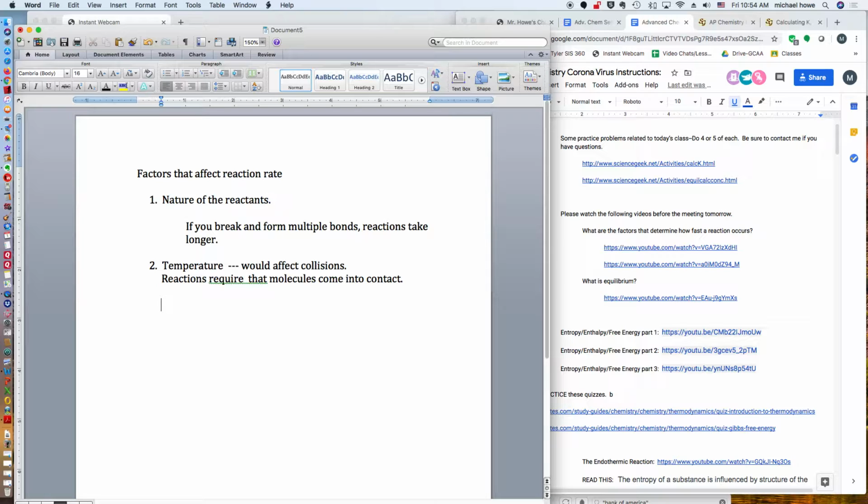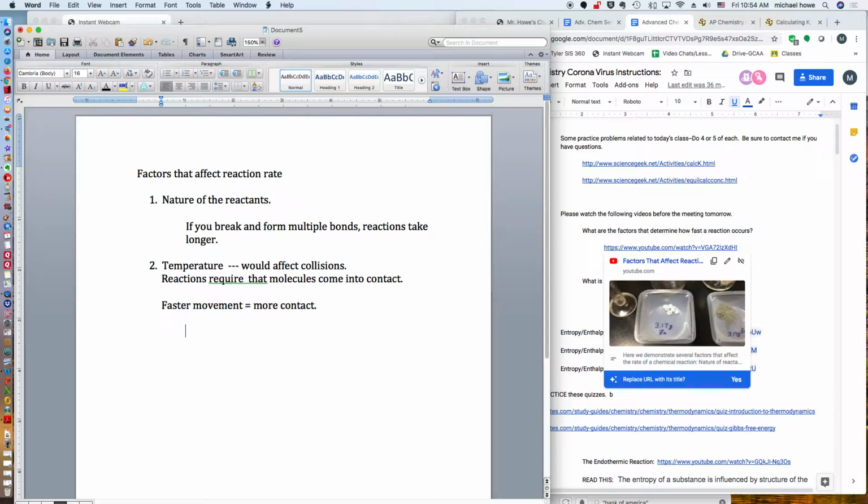So in order for them to come into contact, they have to be moving, of course, and the faster they move, the more contact there is. So faster movement equals more contact. So if you raise the temperature, they move more, they hit each other more, and so they react.